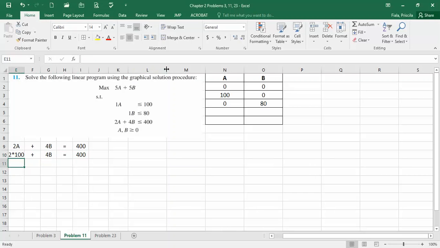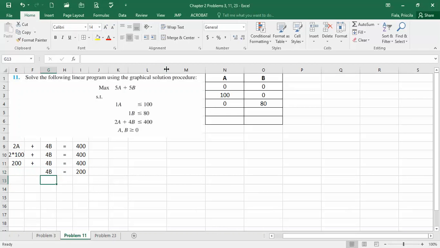So 2 times 100 is 200. 200 plus 4B is equal to 400. Now let's subtract 200 from both sides. Therefore, you're going to have 4B is equal to 400 minus 200, which is 200.